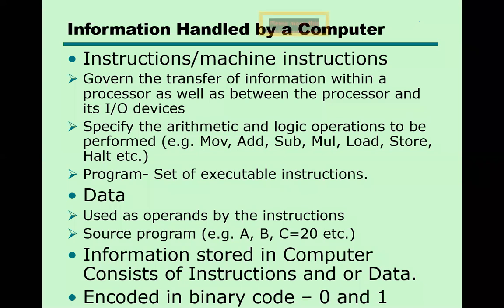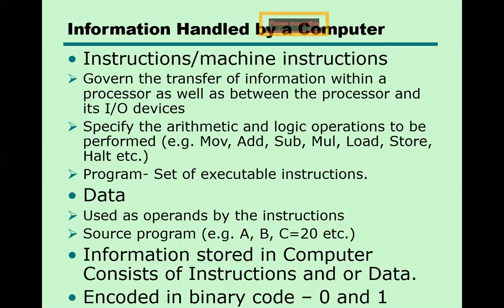These are the two operands, A and B. Suppose the value of A is 10 and the value of B is 10. And the instruction is ADD, that is addition. So with this instruction, your computer will add A and B, and you can transfer the output to the next variable, C, and you will get the answer, that is 20.